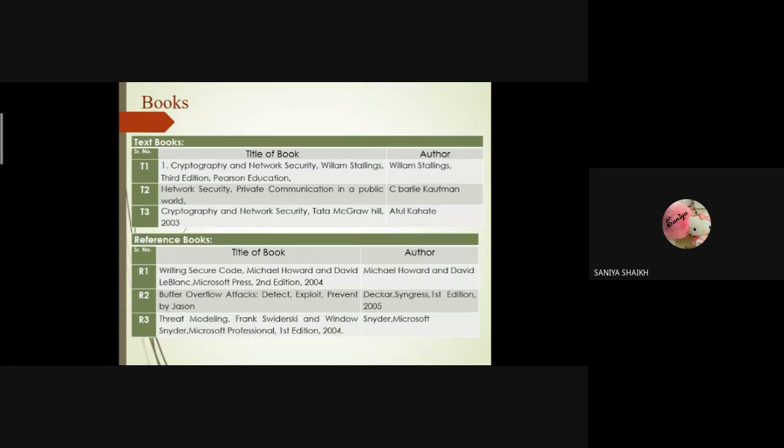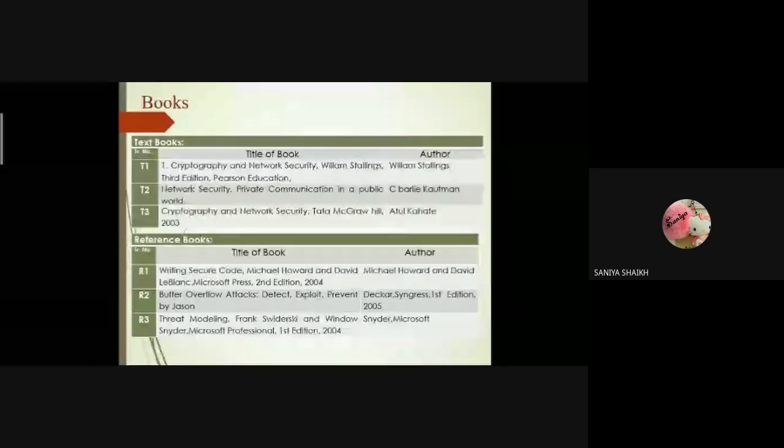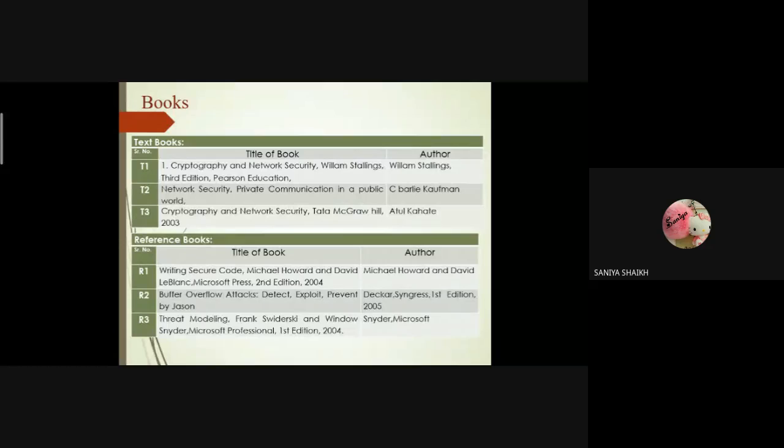I'll also provide the soft copy of these two books. You can also refer to these two books from the library. All the contents of our syllabus are available in these two books.